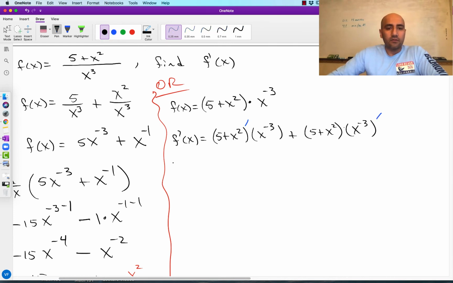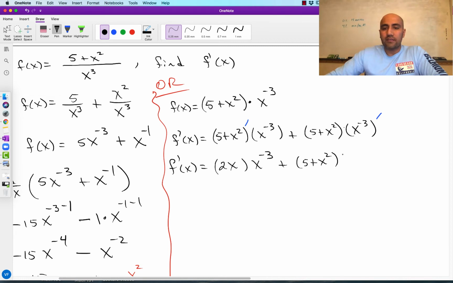Okay, so now the derivative with respect to x is going to be equal to, this is easy, derivative of 5 is 0, and the derivative of this is going to be equal to 2x. Leave that second one alone, so that'll be times x to the negative 3 power. Plus, now we leave this one alone, and that'll be 5 plus x to the second power.